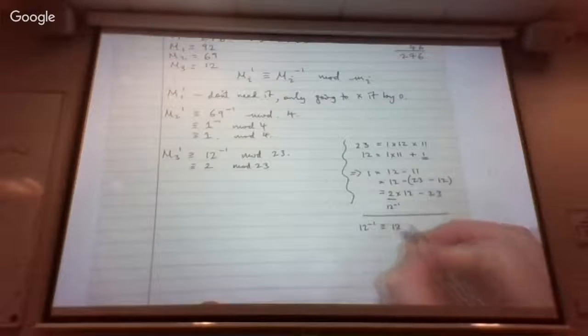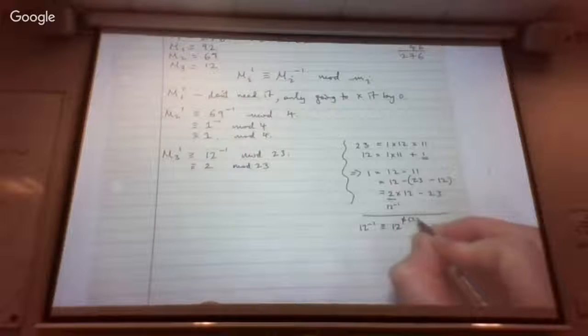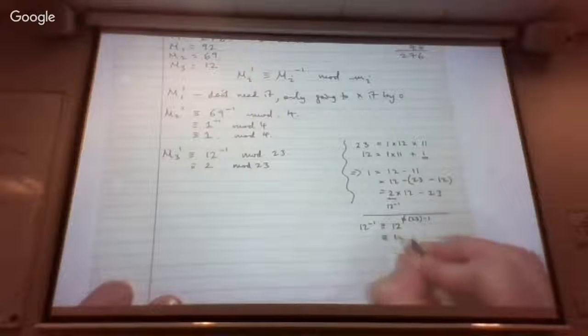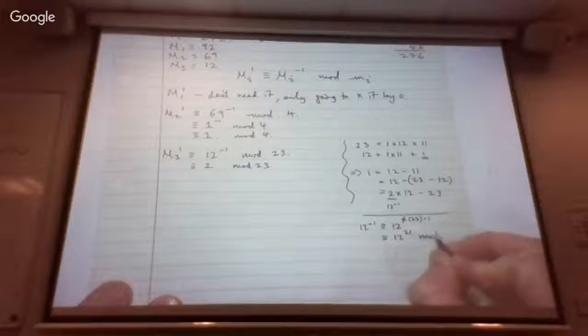The other way is that 12 inverse will also be congruent to 12 to the power of phi(23) minus 1, one less than the Euler totient function value of the modulus. 23 is prime, so its Euler totient value is 22. So minus 1 gets 21. So that's congruent to 12 to the power of 21 modulo 23.